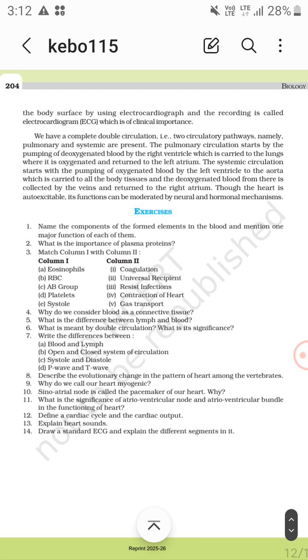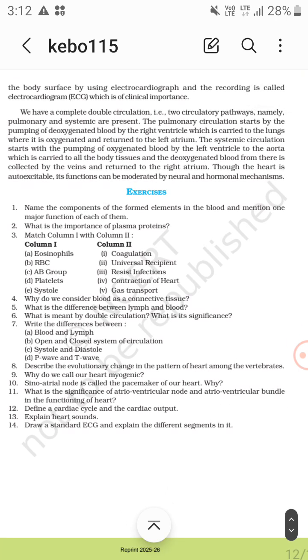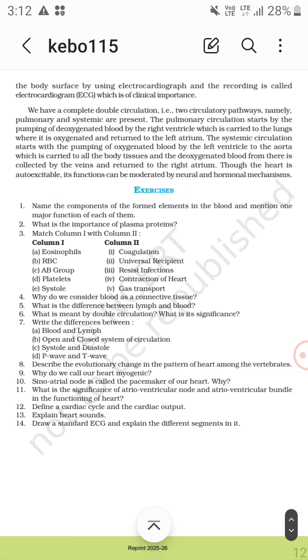Now we are studying the exercises. Name the components of the formed elements in the blood and mention one major function of each of them. So RBCs, WBCs, that is leukocytes, then platelets, that is thrombocytes.